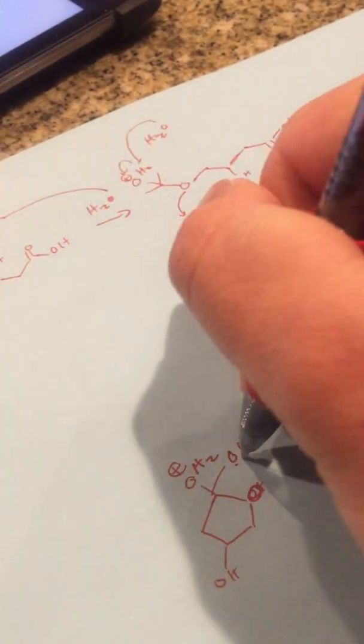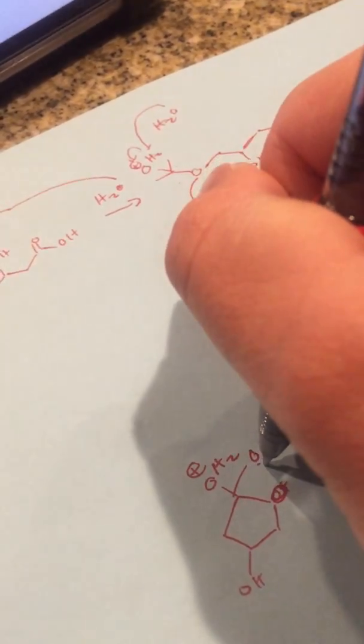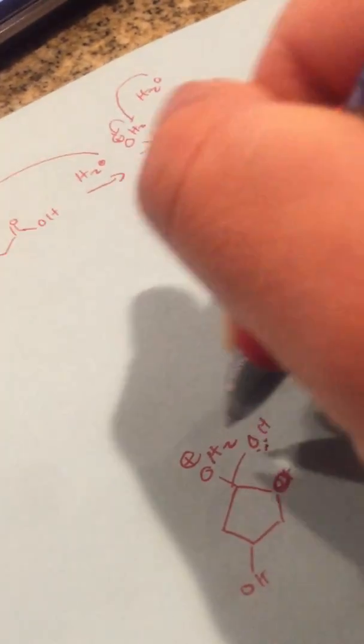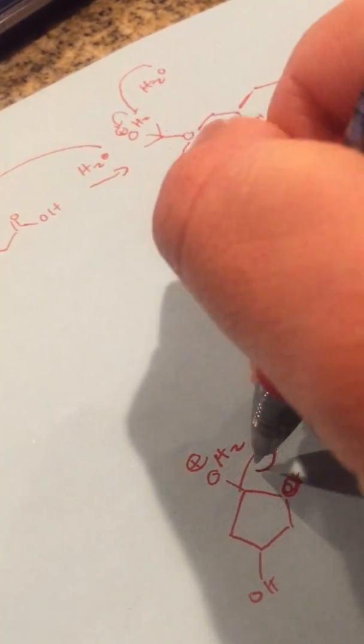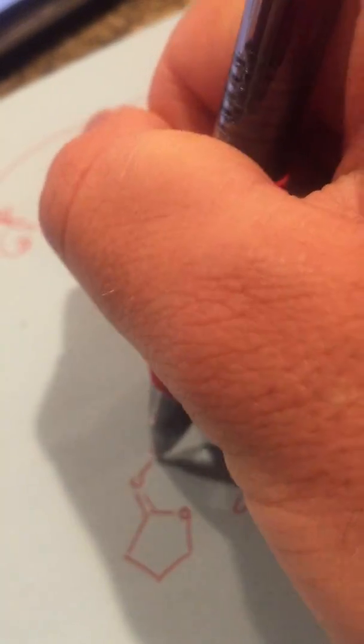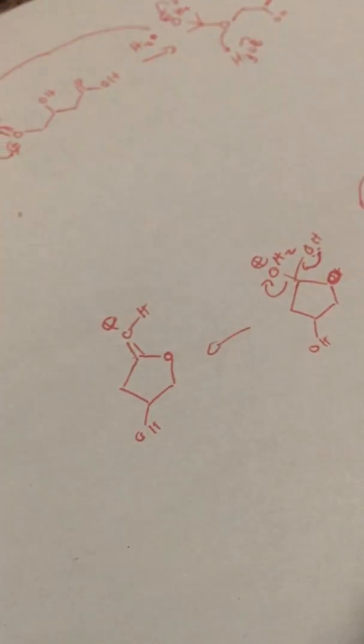Okay, so now this will serve as our source of electrons to come and kick this off, just like we would do if it was an ester. Come down, that gets kicked off. Now that is still positive up there, so we're going to want to deprotonate it, and then we will have our product.